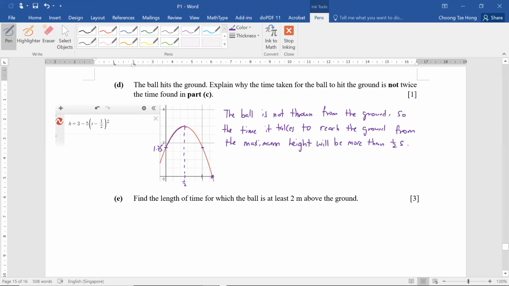So what I'm saying is that the time it takes the ball to go from here to here will be more than half second.